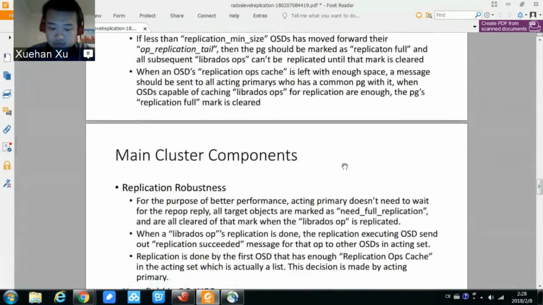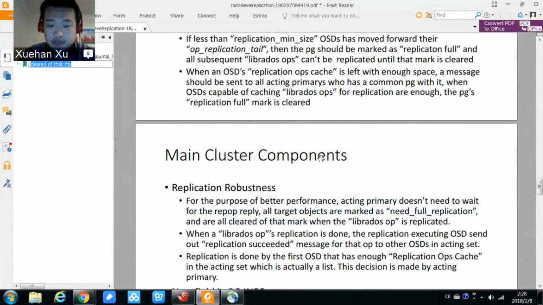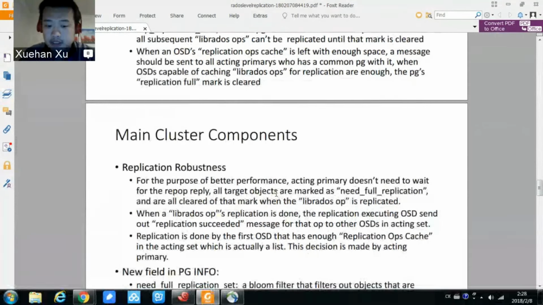And for the purpose of better performance, we think that the acting primary doesn't need to wait for the replica reply. We can simply mark all the target objects as need full replication first, and then clear this mark when the liberated op is replicated.